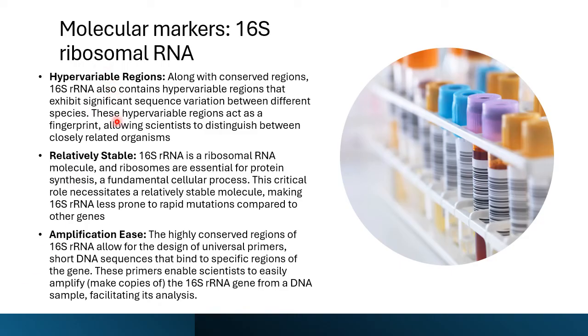So I said previously that the 16S ribosomal RNA is useful because it has hypervariable regions. It has a conserved region in all microorganisms, and this region acts like a fingerprint which allows scientists to distinguish closely related organisms.